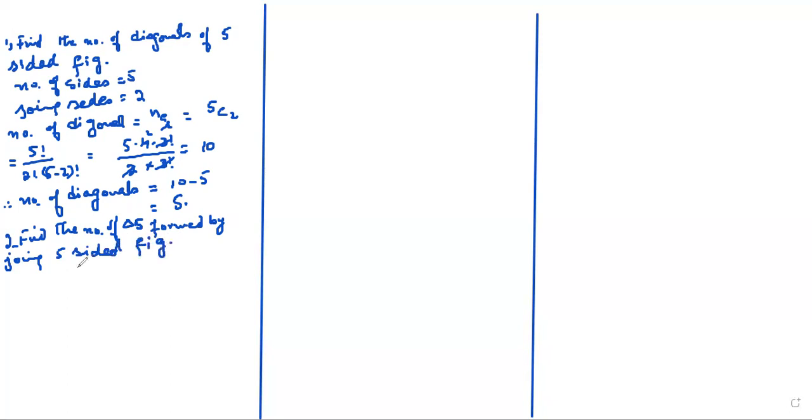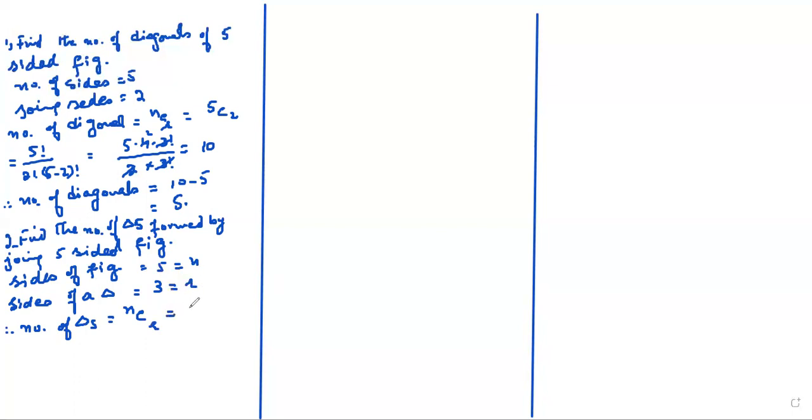So a triangle has 3 sides. Sides of the figure equal 5, and sides of a triangle equal 3. Therefore, the number of triangles equals nCr, where this is n and this is r, which equals 5C3.